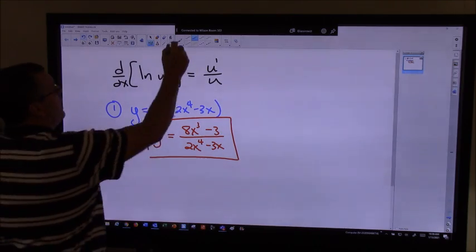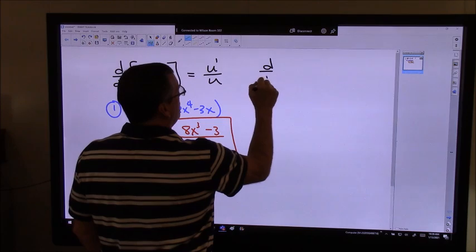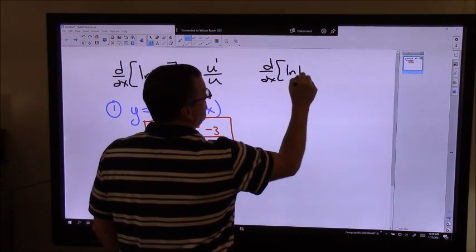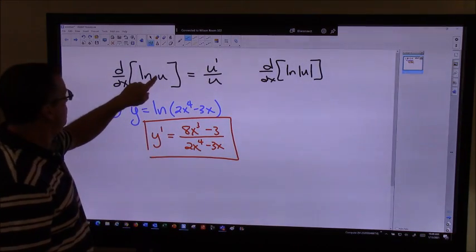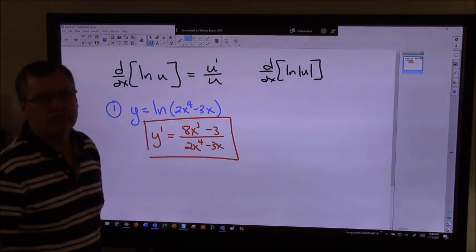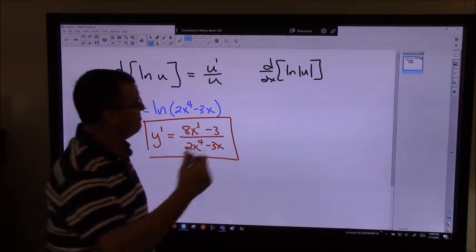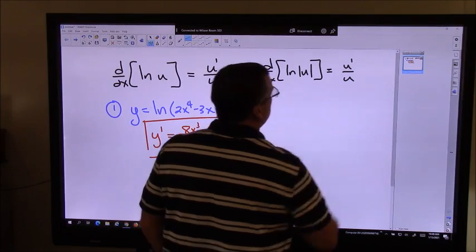All right. Now, occasionally this will happen. You'll see d dx of the natural log of an absolute value of u. What happens if this is enclosed in an absolute value sign? Well, nothing. You do the exact same thing, so still u prime over u.